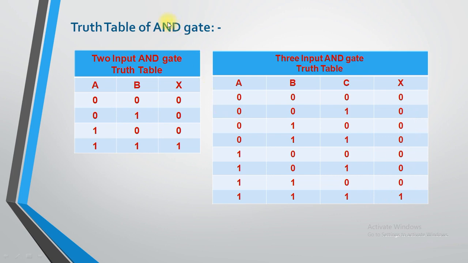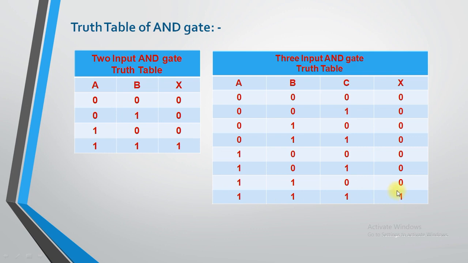So when there is an AND gate, you need to have all the input signals high or all the conditions true. At that time you will get a high output. In the rest of the cases you will get 0 as output. So when all the conditions are true, you will get a true output. When all the conditions are high, you will get a high output.